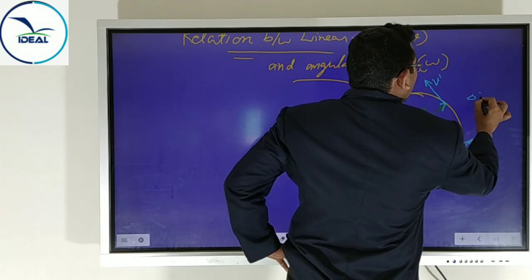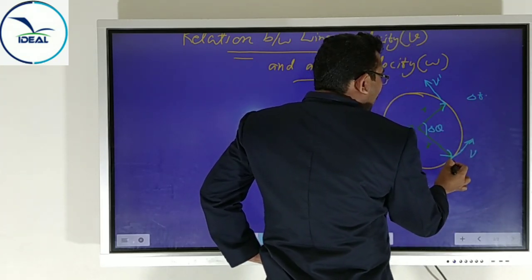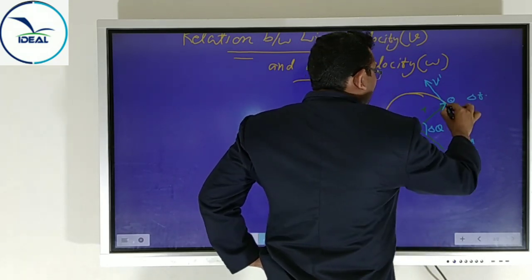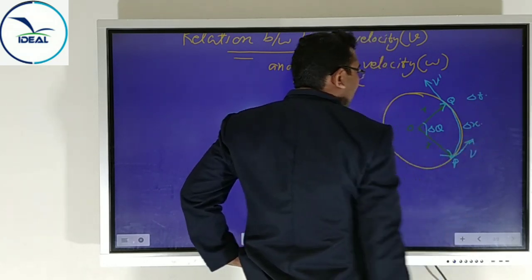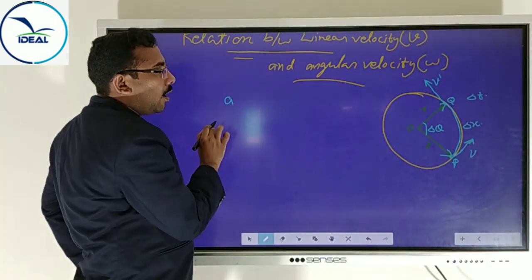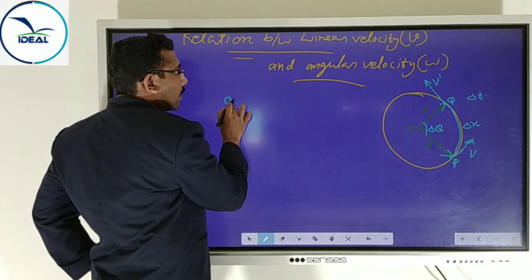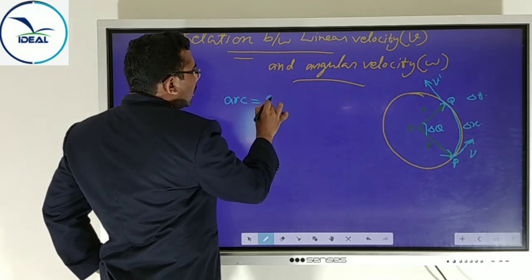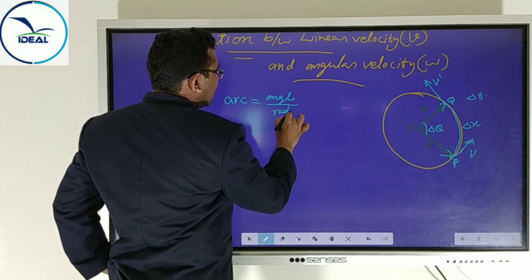Suppose at delta t time the body moves from P to Q. This is the arc. We can take arc length as delta x. We know the relation between arc and radius. Angle, arc, radius are related in a circle. Arc length equal to angle into radius.